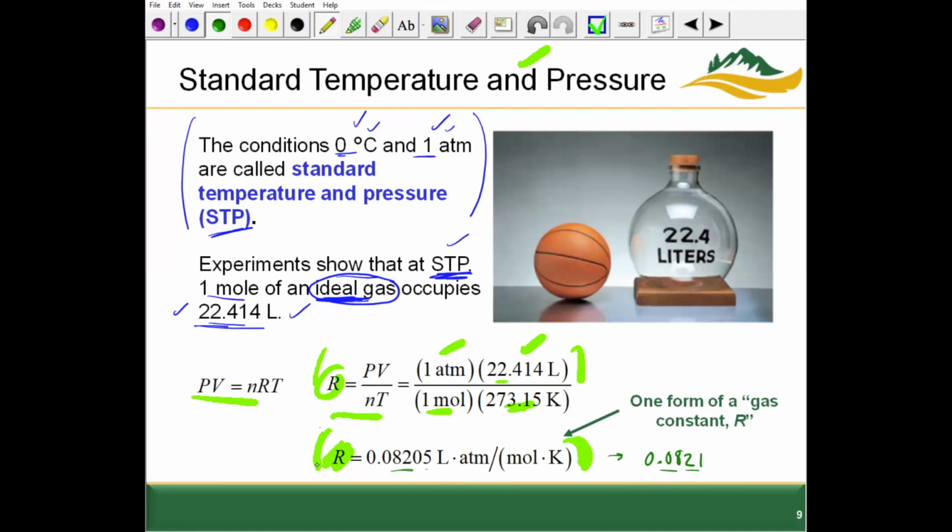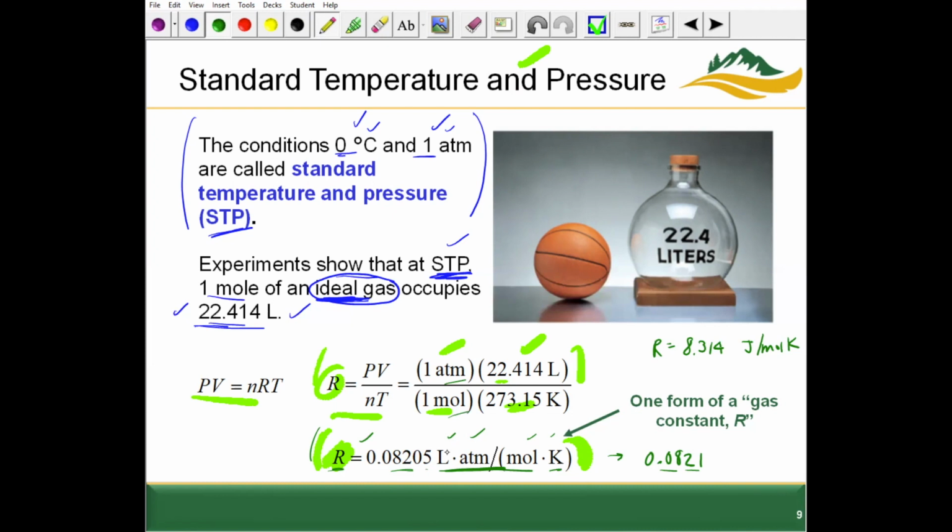This gas constant is in these specific units. We do have other gas constants with different variations of these units. So not always in pressure, not always in Kelvin. You'll see different gas constants and I'll point them out as we go. We figure out what gas constant to use based on the units given in our problem.